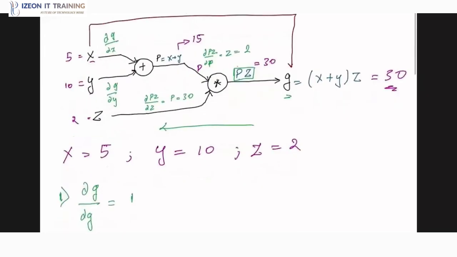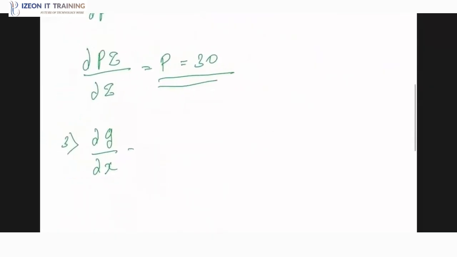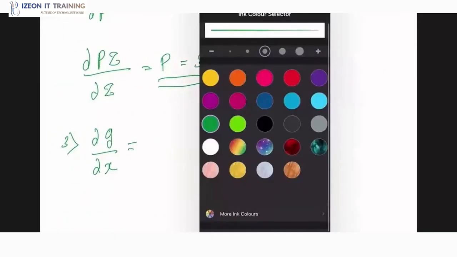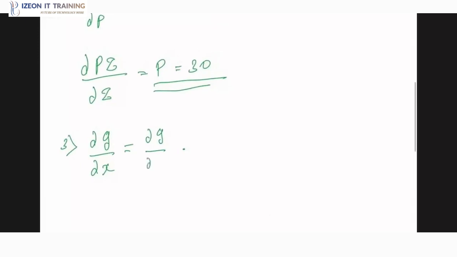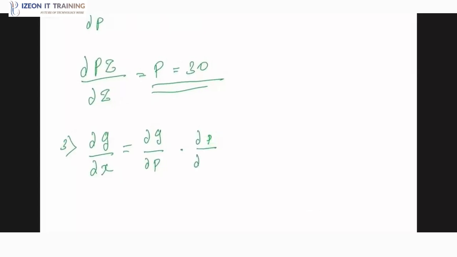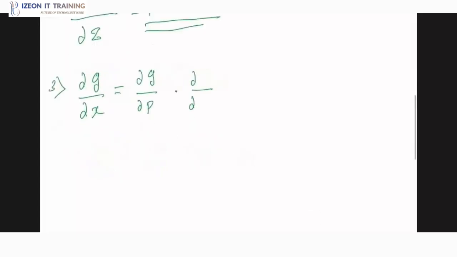This is why we'll be performing the chain rule over here. The way the chain rule works is like this: dou g would remain the same, and as it's via p, it's going to be dou p times dou p by dou x. Let me quickly erase this and write it properly. So this is going to be dou g by dou p times dou p by dou x.